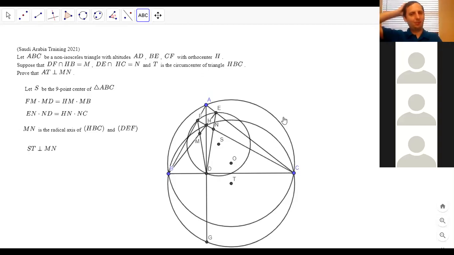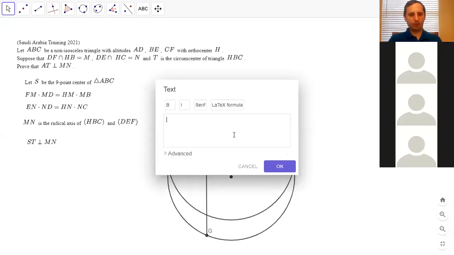They're the same. I think they collected problems from a bunch of different countries, and some were easy and some were hard. But basically, T is the reflection of O over BC. So I think we need this step, right?